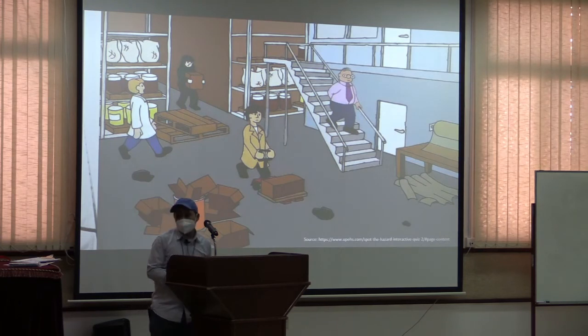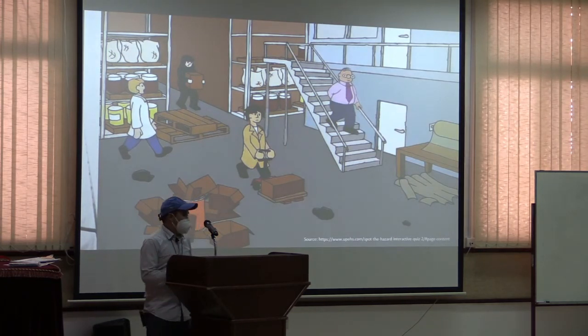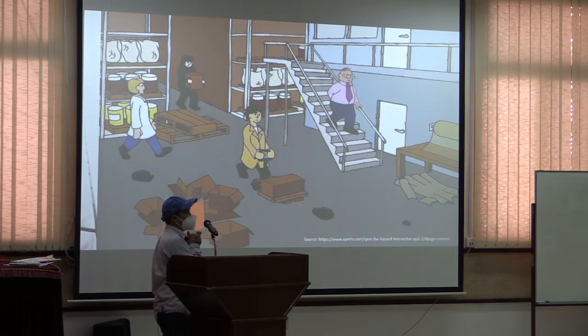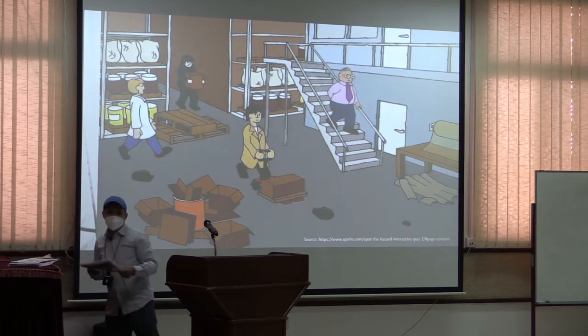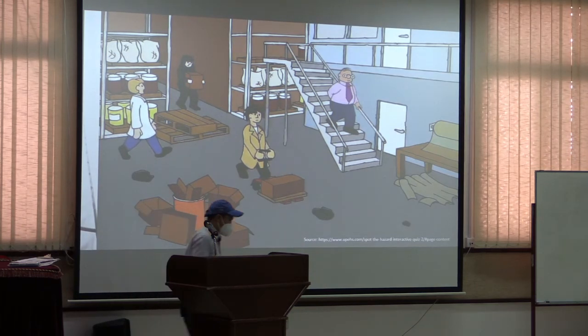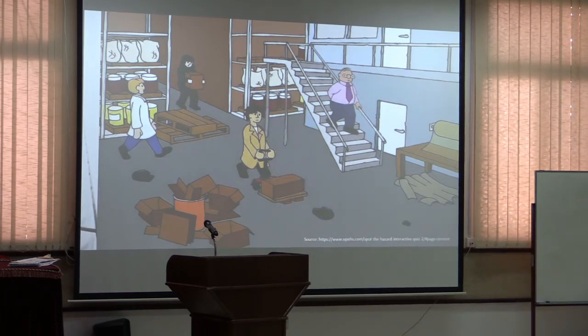Imagine this particular workshop, and we try to identify what would be the potential hazards you might be encountering here. This will be evidence, so I will just give you this. This is our activity.